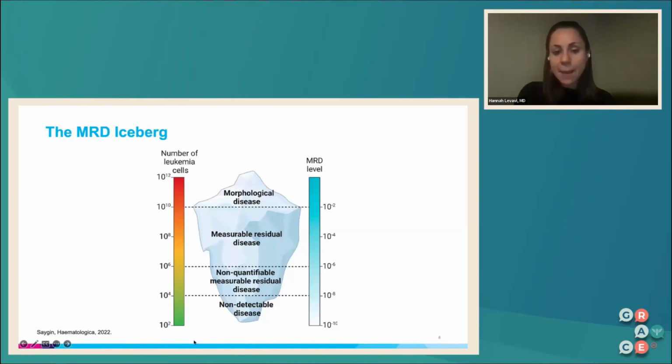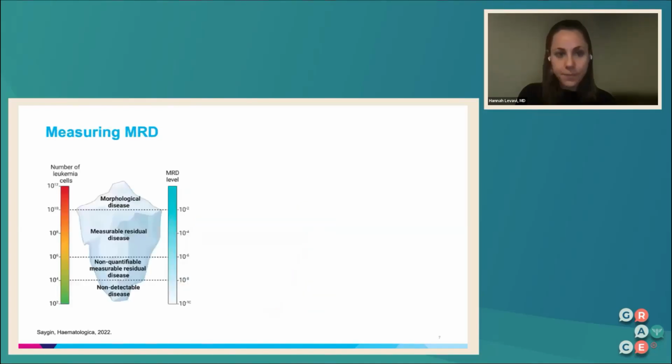And beneath that, at some point, we get to a point where there really is no detectable disease left, and people are in a true cure with no disease anywhere in their body that would be detectable using any method that we have. In general, we test for MRD after patients are treated, and this is a way that we deepen our understanding of how deep a remission a patient is in.